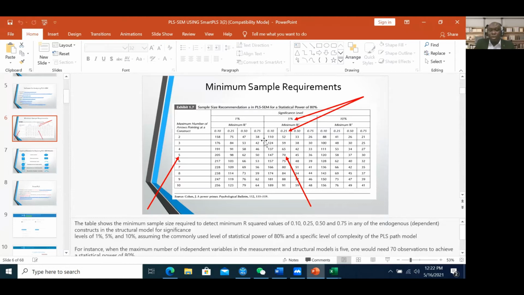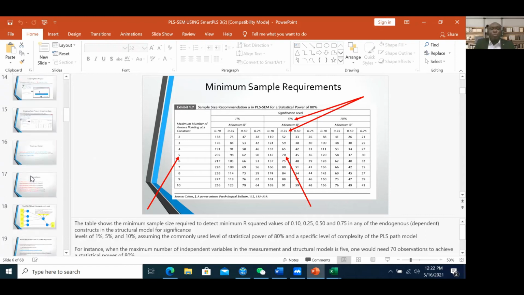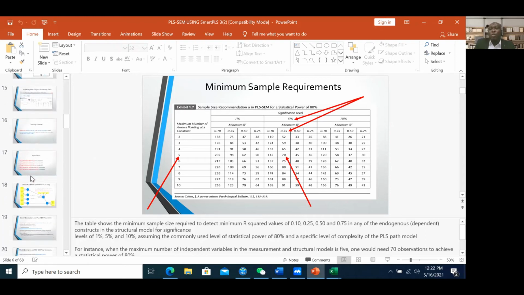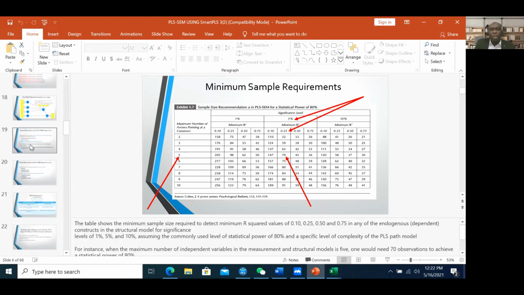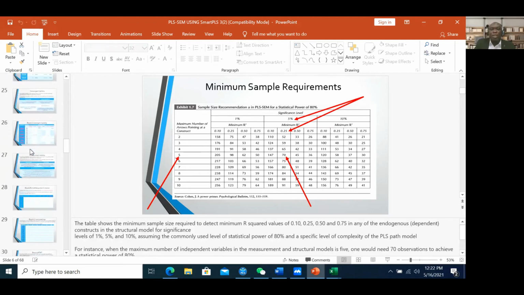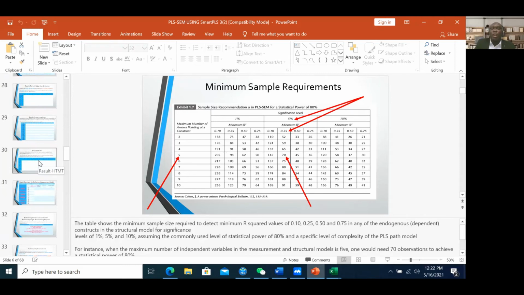But basically, a sample size of 200 and above should be sufficient to do any basic PLS analysis.